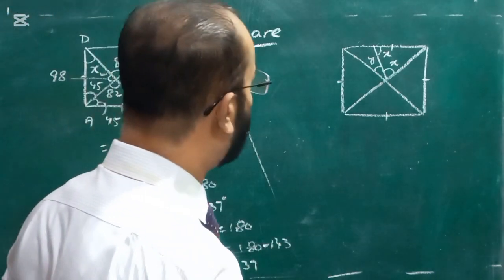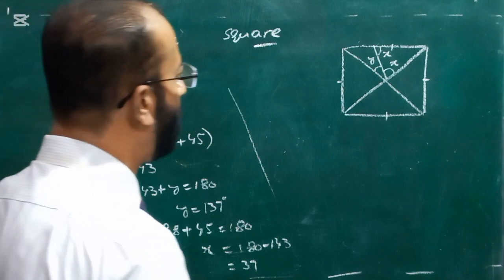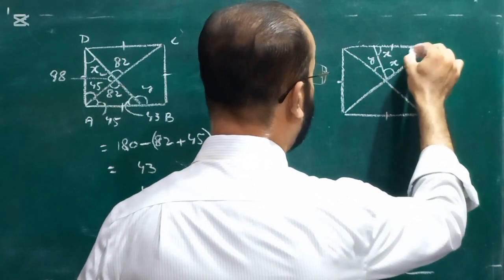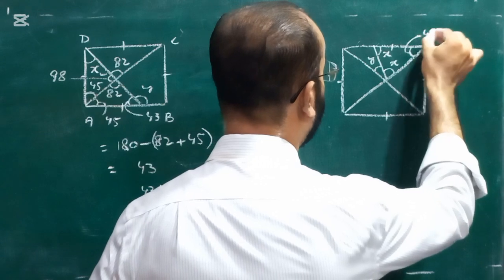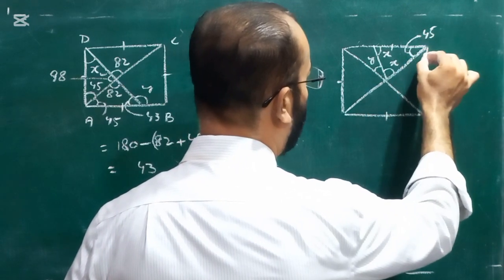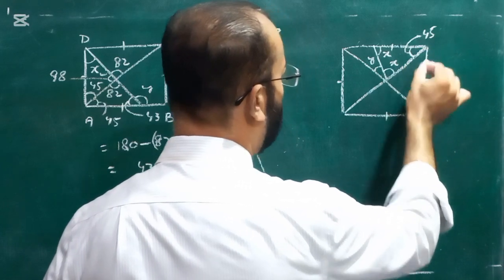If you come to this figure, again the figure is a square, so the square's properties will be applied. This is the diagonal, so this angle will be 45 degrees, because the diagonal will bisect the angle. This is 90 degrees, so it will be bisected into 45 each.